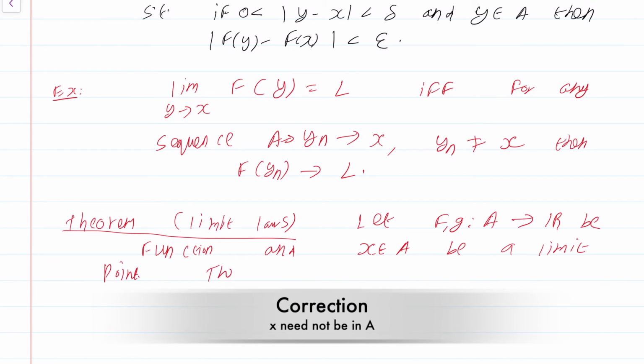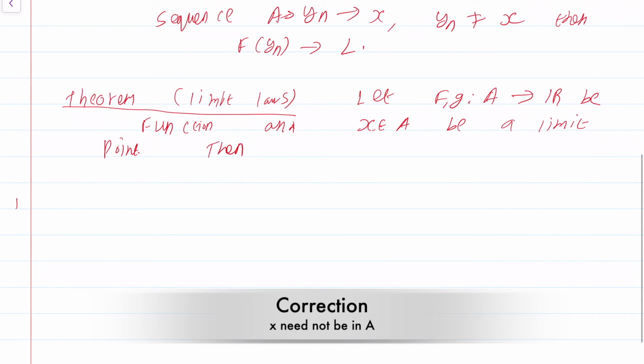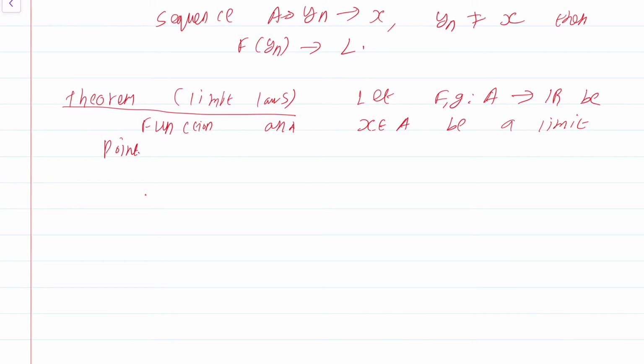I must also make one more hypothesis. Assume the limit as y going to x of f of y equals L, and the limit as y going to x of g of y equals M.